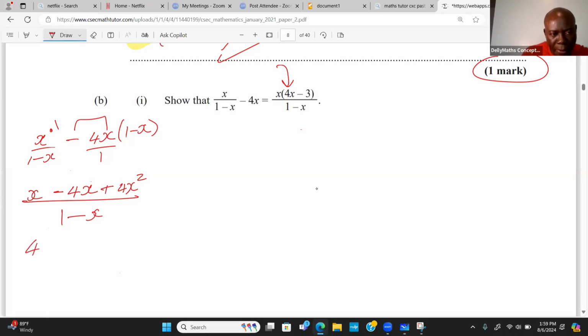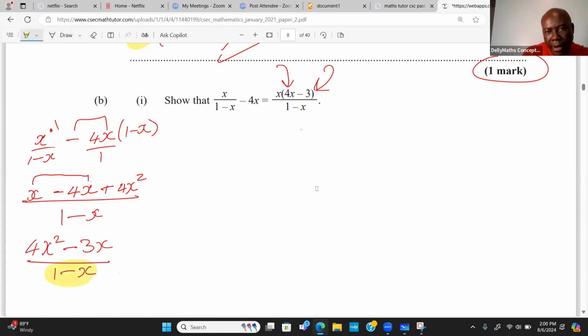If I simplify this part, I'm going to get negative 3x, and all of this is over 1 minus x. In order to get the shape, we realize the denominators are the same already, so we're good. So what we want to do is factorize the numerator.